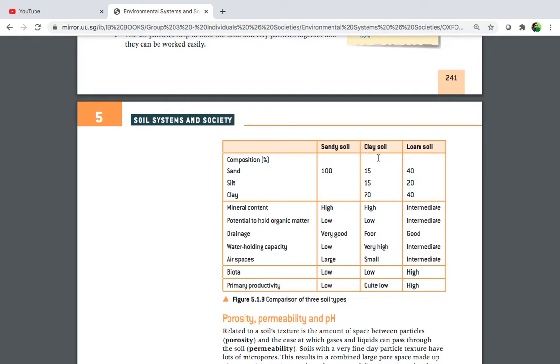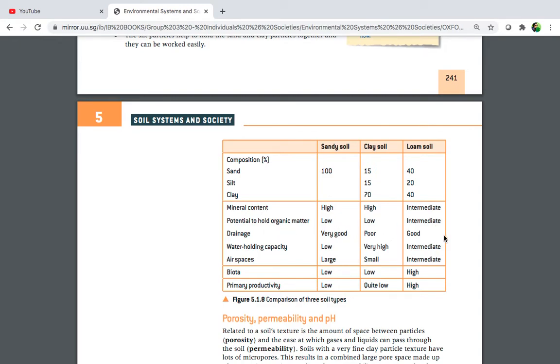When we talk about clay soil, the composition changes. Okay, so 15, 15, and 70 of these composition parts. And in loam soil it is 40, 20, 40. 40 of sand, 20 of silt, and 40 of clay. So mineral content is high in clay soil and intermediate in loam. Potential to hold organic matter is low in clay, intermediate in loam.